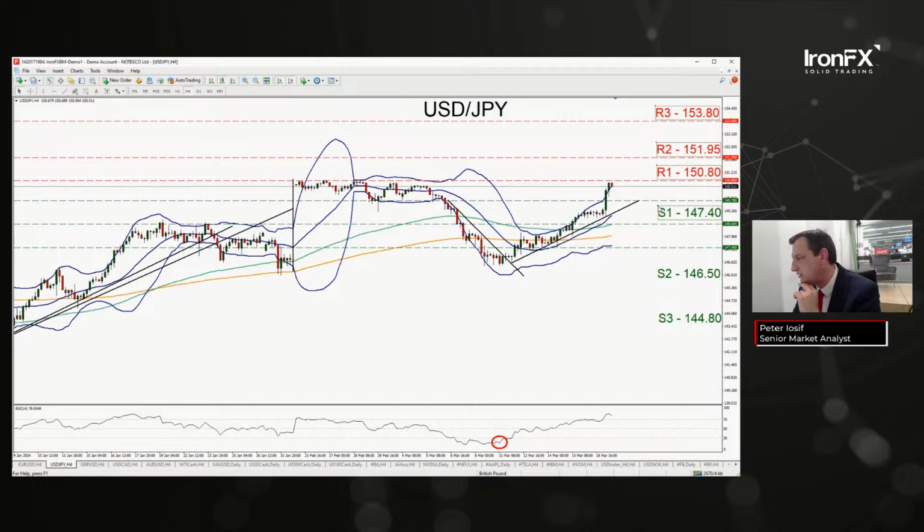The S1 at 149.78. The S2 at 148.60. And the S3 at 147.40.